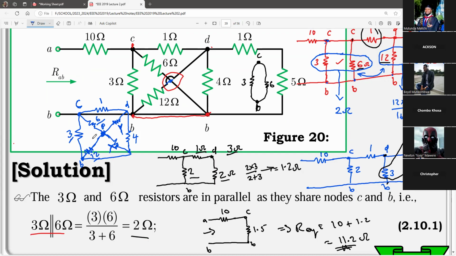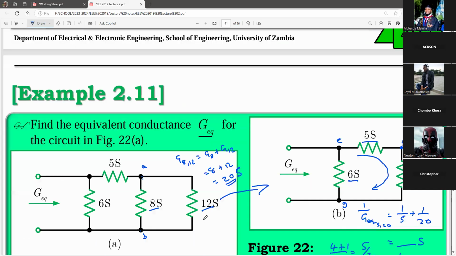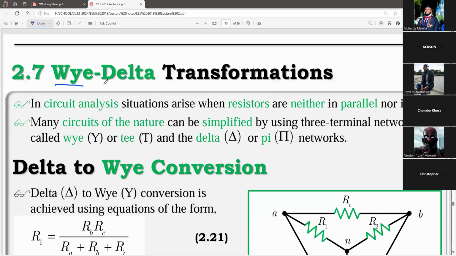Now, we can have a situation like this, where we are looking at the resistors and we can see that they are neither in parallel nor in series. Then we bring in Y-delta transformations. There will be a certain point where, when you look at the resistors, the way they are connected, you can't see any series or any parallel. Then look out for these two again.